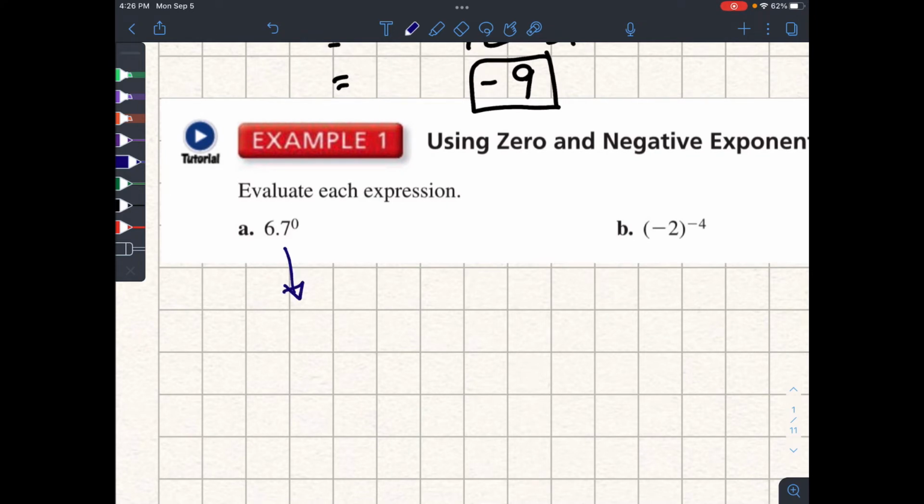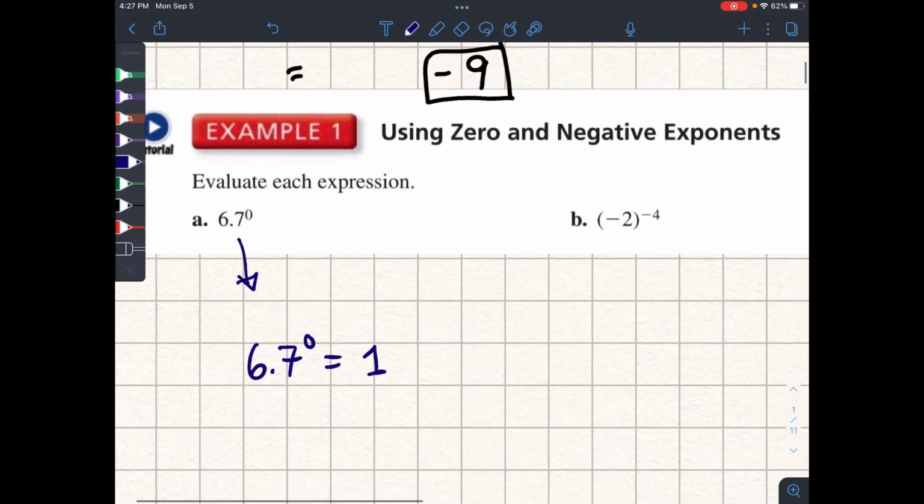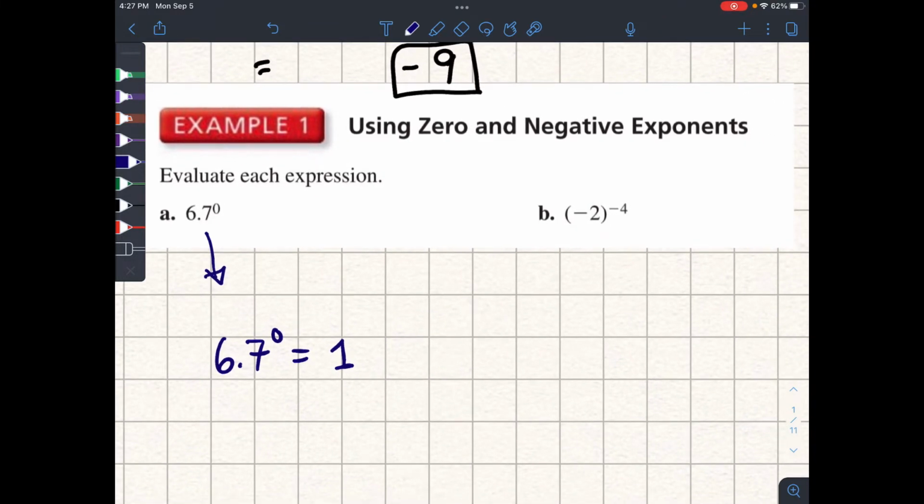Hopefully a negative exponent, or zero exponent doesn't throw you for a loop. You say, oh, yeah, that's just going to be 1. Always 1, doesn't matter what the base is. Here, be careful, we have negative 2 times itself 4 times. Hopefully you can see why I'm using parentheses in this case. The negative signs might make it look like a subtraction problem, right?